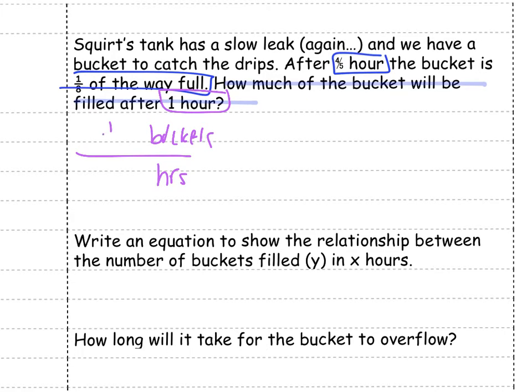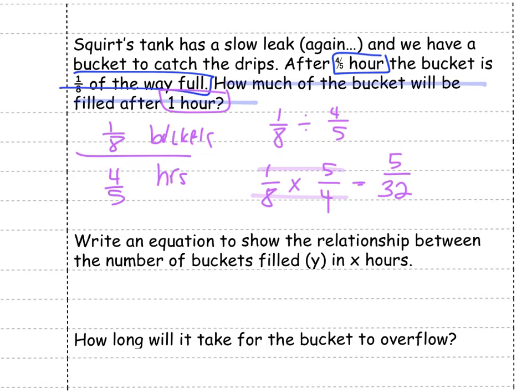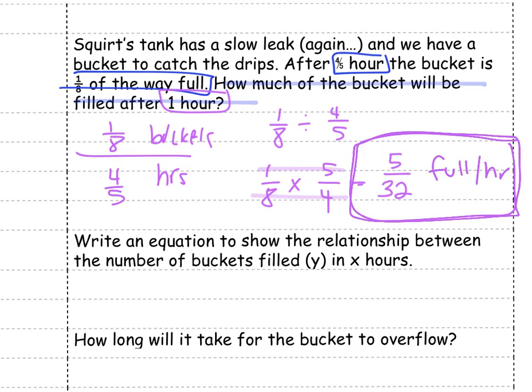So buckets is 1/8, hours was 4/5. Write it as a division problem. Keep, change, flip, and multiply straight across. When I do so, I get 5/32. Can't be reduced, so it's 5/32 bucket full per hour. So in 1 hour, it's going to fill up that far.